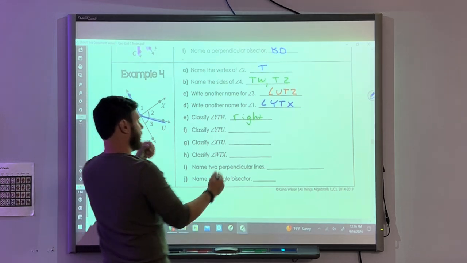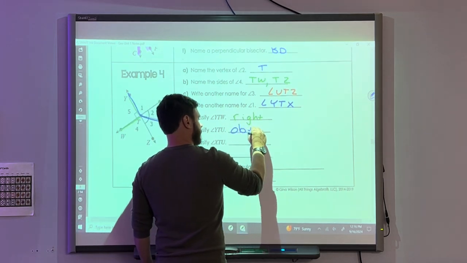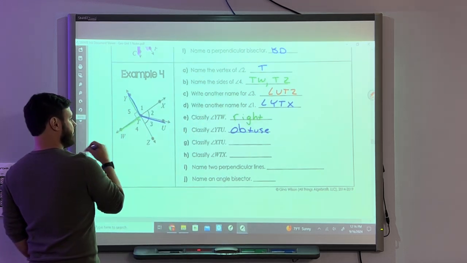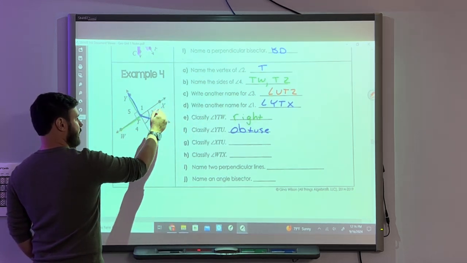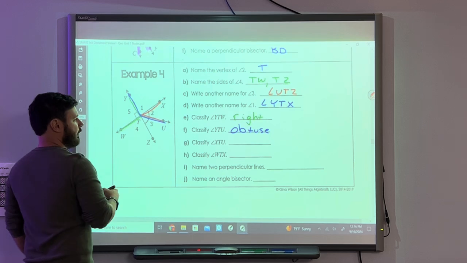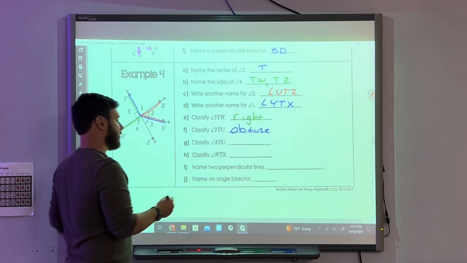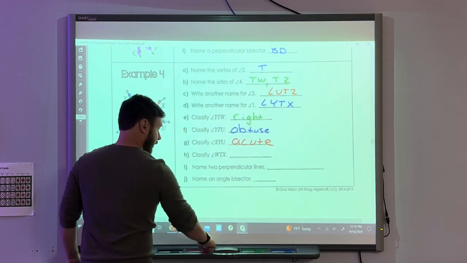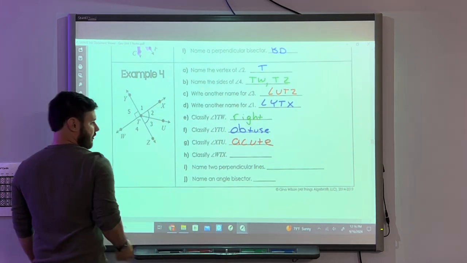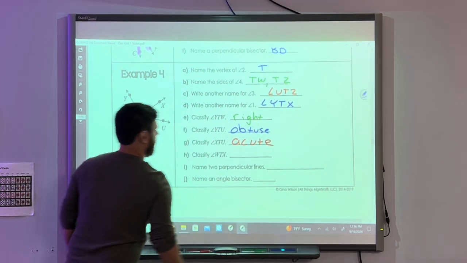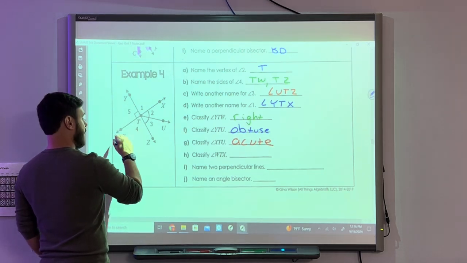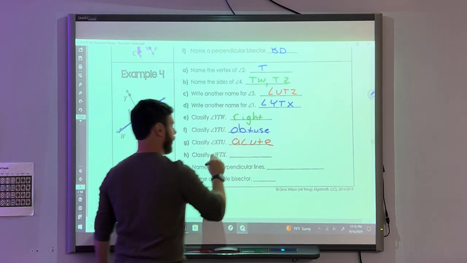I can't even do it with my fingers, so that's obtuse. XTU. X to T to U. That's this one here. And that is acute, because that's less than 90. And last but not least, WTX. Straight line, straight angle.